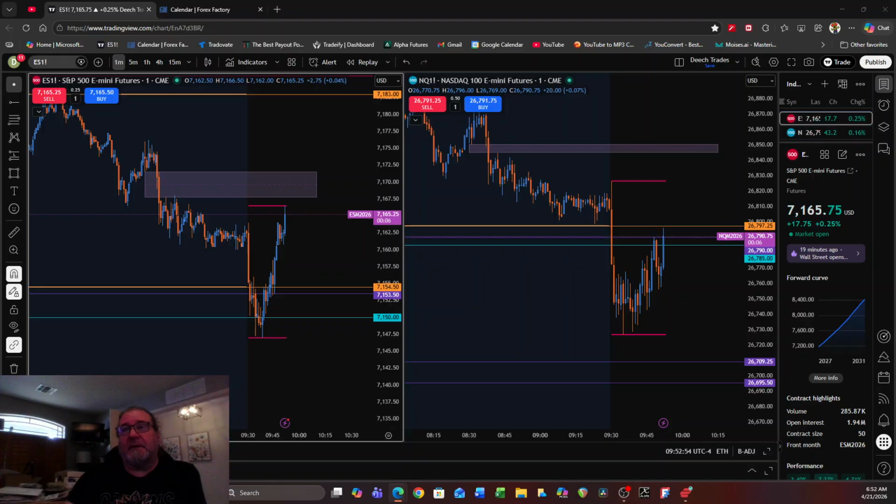I think we're going to be testing this gap here now. I'll take it up to the test of the gap, and then I'll think about getting out at that point.